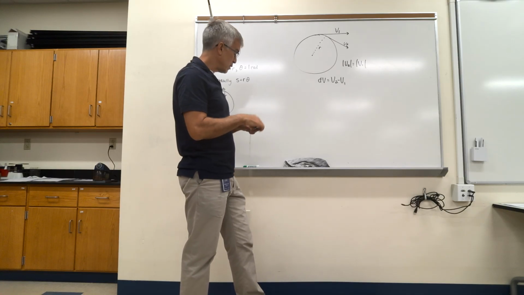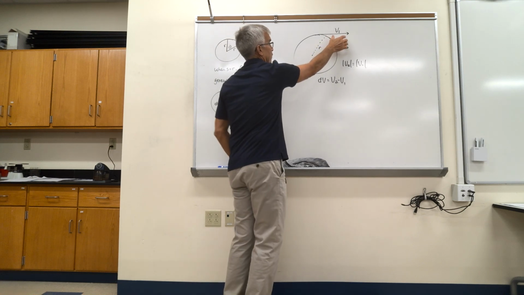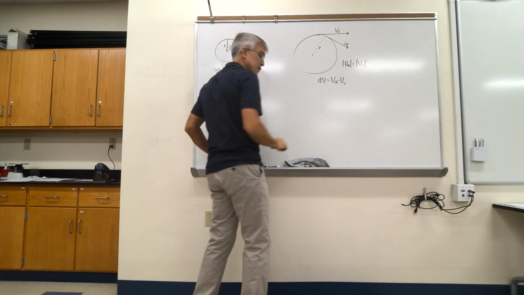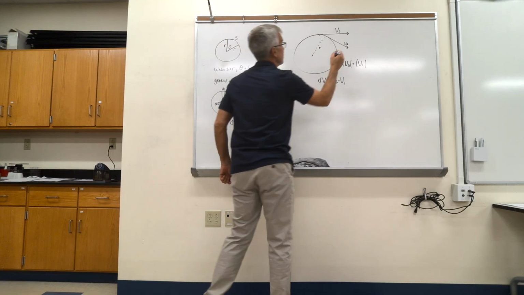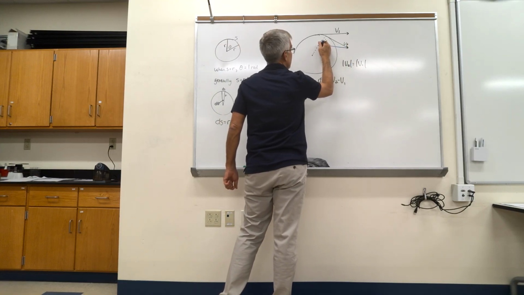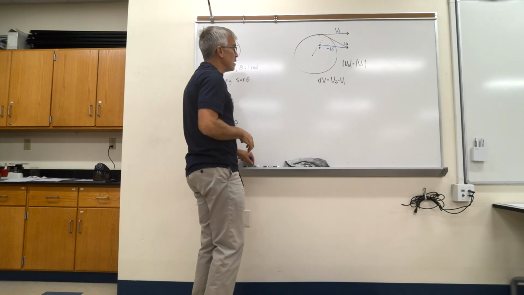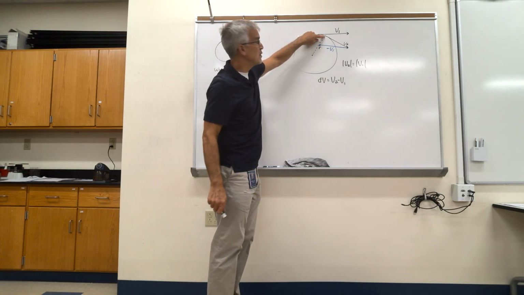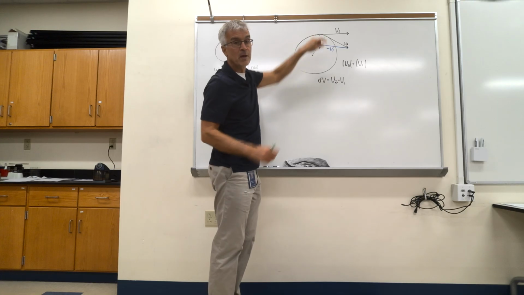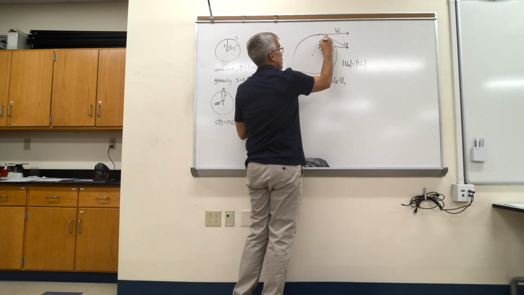So I'm going to take this vector v1, flip it 180 degrees to make it negative v1, and add it tip to tail to v2. And it should look something like this. Now, dv, the change in velocity, would be the resultant vector of v2 plus negative v1, which is drawn from the tail of the first vector to the tip of the second vector.